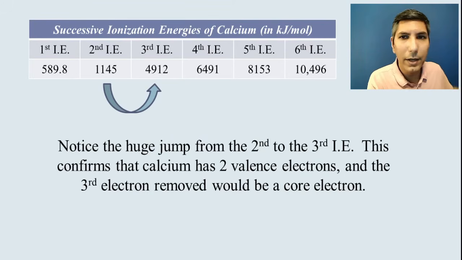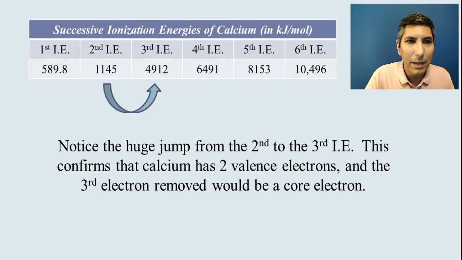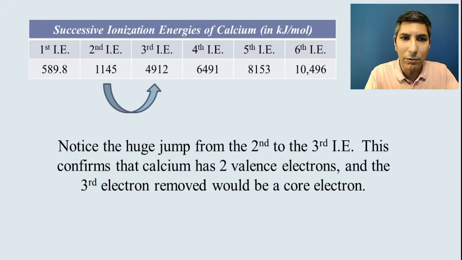And if you look at your periodic table, you'll see that indeed calcium does have 2 valence electrons. And that means that to remove that third electron, that third ionization energy, we're going beyond the valence electrons into what are called the core electrons. And that requires a whole lot more energy than valence electrons.